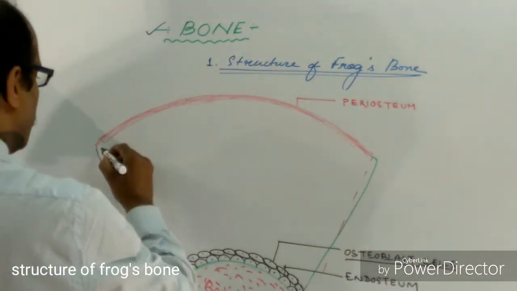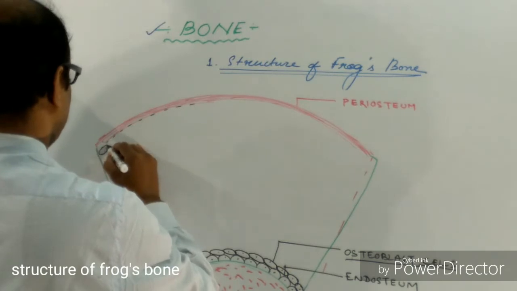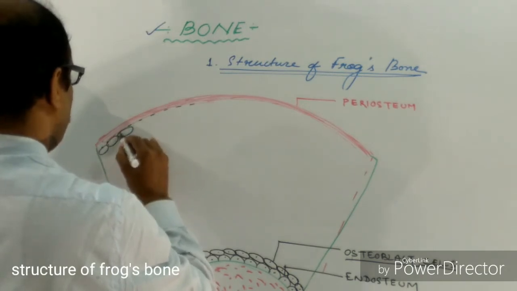Another layer of osteoblast cells is also present below the periosteum.